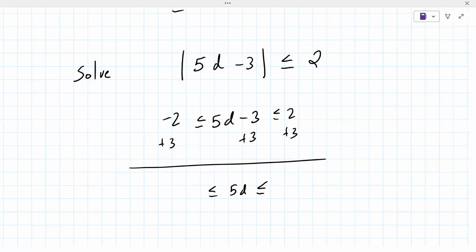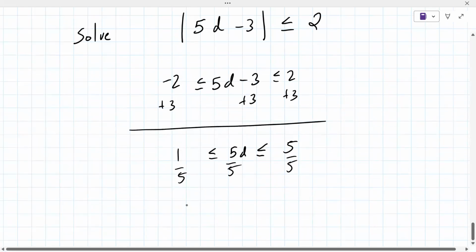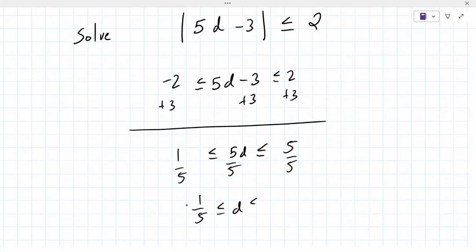It becomes 1 and 5. Okay. And then you divide both sides by 5. So you get 1/5 less than or equal to d less than or equal to 1. Does that make sense? Yeah.